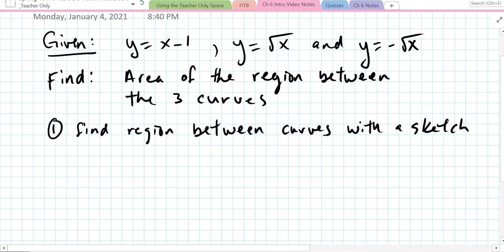This one's not as straightforward. And then after you find the region, you have to set up an integral or integrals to find area.